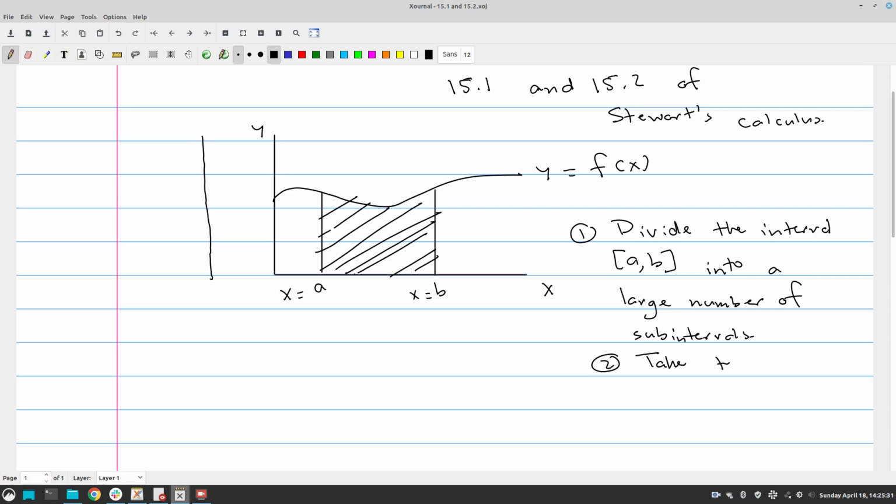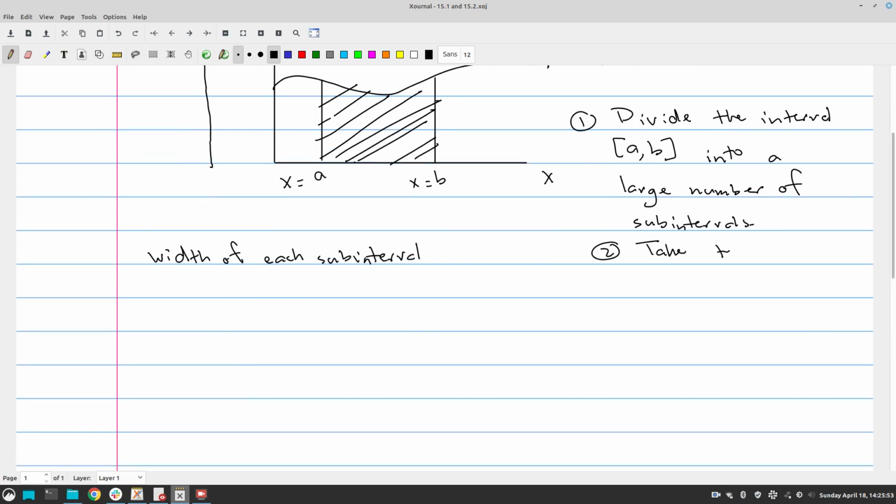So you have [a, b]. If I divide [a, b] into n subintervals, then the width of each subinterval, let's call that width delta x, is of course (b minus a) over n.